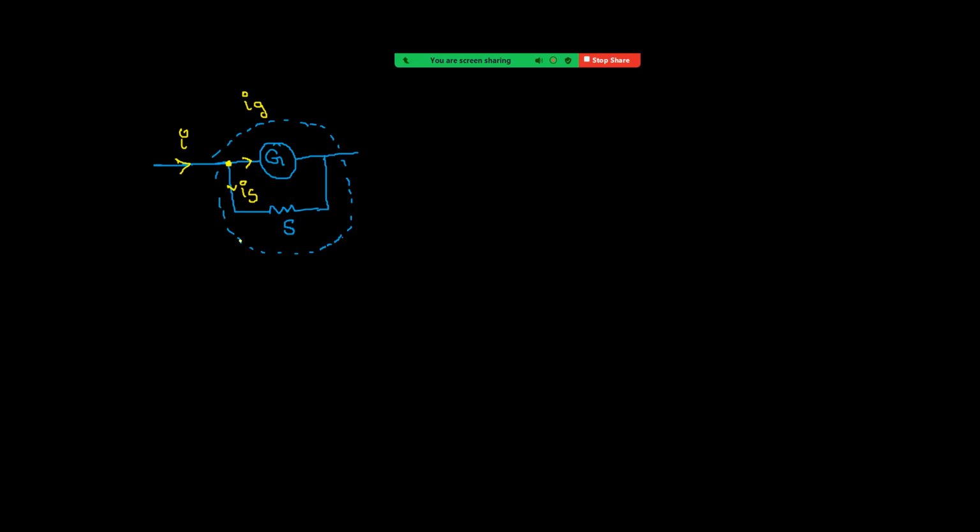Now see carefully. Since these two are in parallel, the potential difference across these two is the same. So I can write Ig into G, where I am taking capital G for the resistance of the galvanometer, equal to the potential difference across the shunt. I'm taking S for shunt resistance.